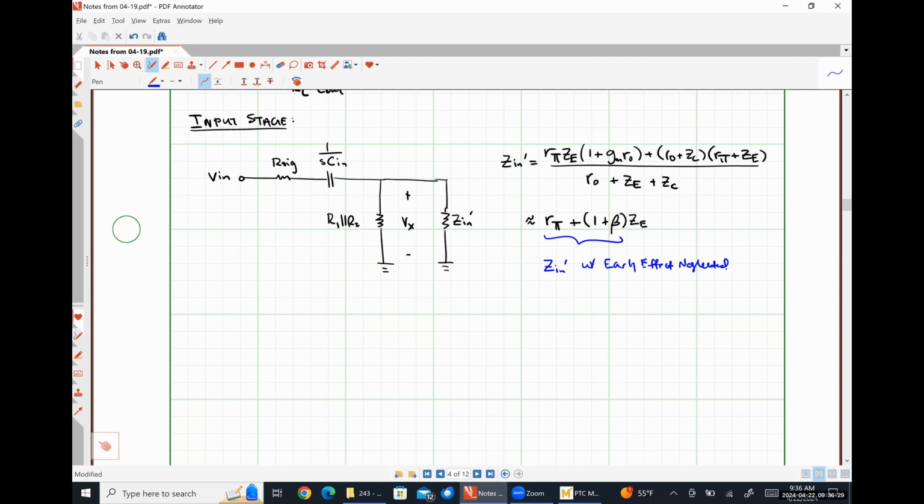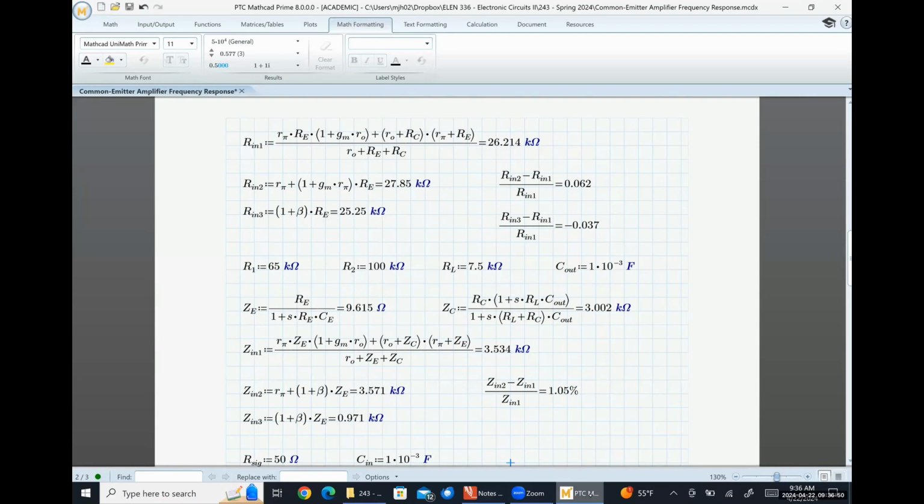And I chose to represent it in this way because it's much easier to deal with. Hopefully, algebraically, it should be very obvious that the approximation here is going to be much easier to deal with than the large thing. So like we did in class on Friday, let's see what impact this has as a function of error, okay?